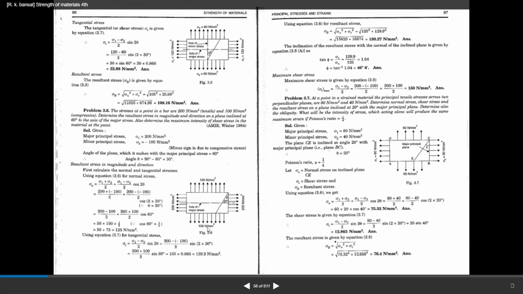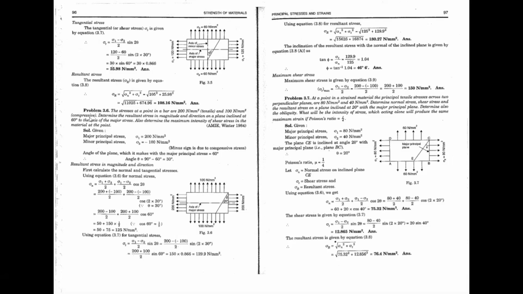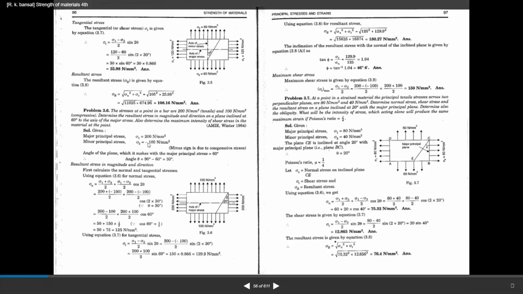Sigma 2 equals 100 Newton per mm square, these are the given values. The minus sign is due to compressive stress. Compressive stress is indicated by the minus, a negative sign indicates compression.